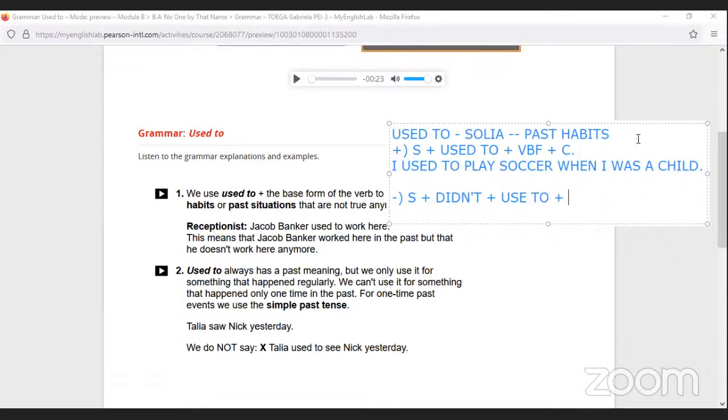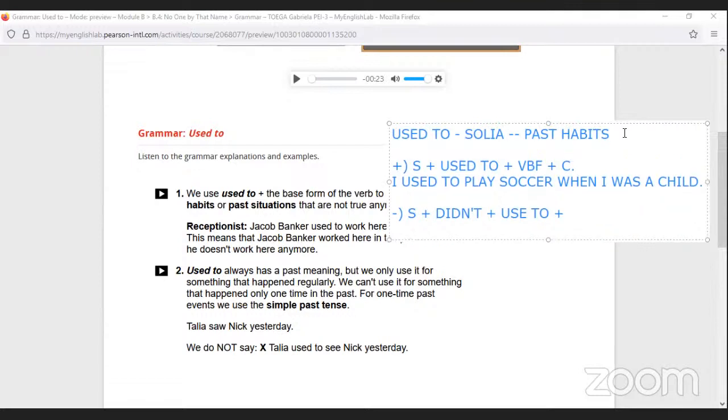As you can see here, we don't use the letter D, only use and to. We don't use D because in this part, used to is considered like a past auxiliary. But as we are using the other auxiliary for past, which is did, we don't use it anymore. It is not necessary, okay?